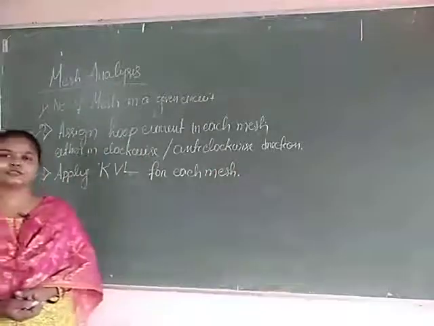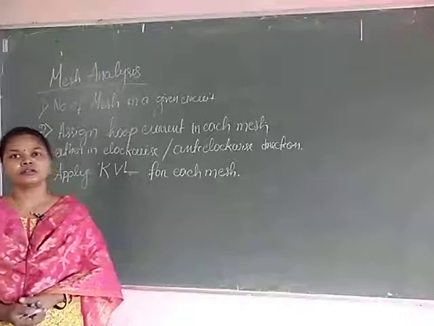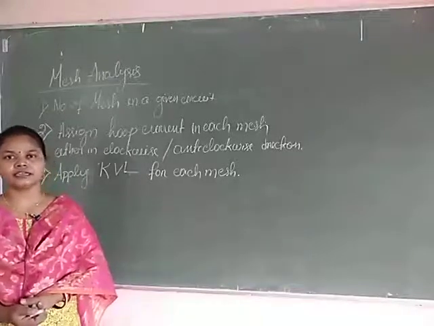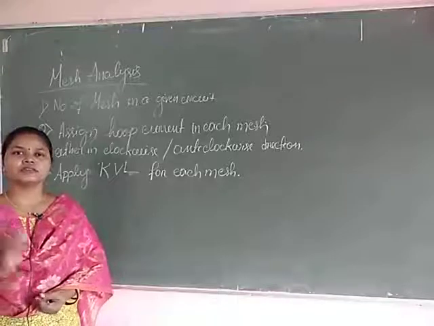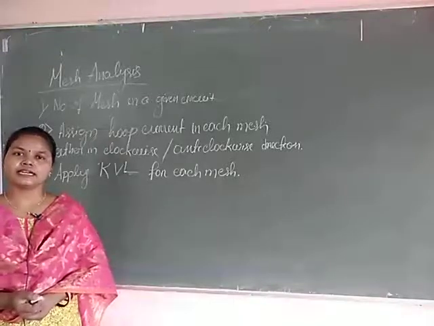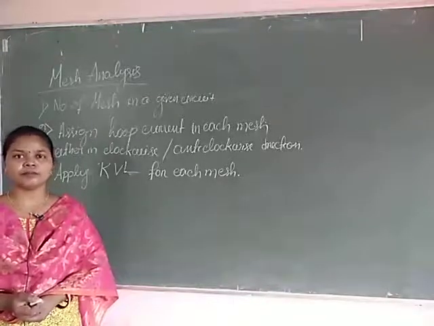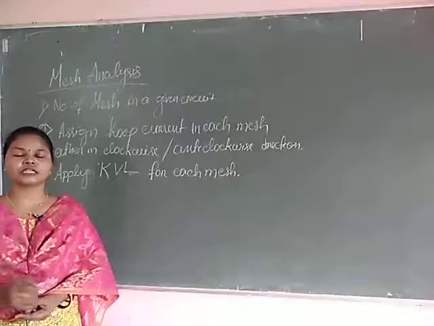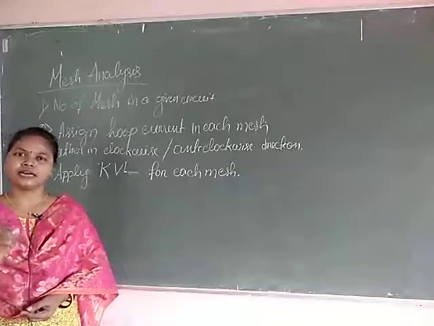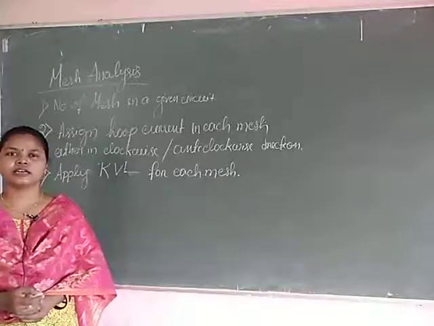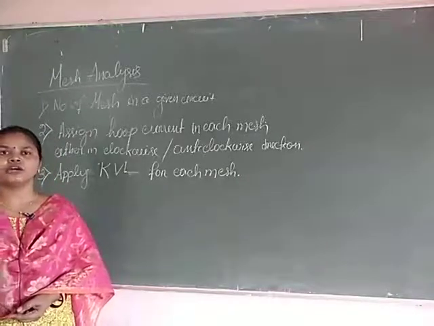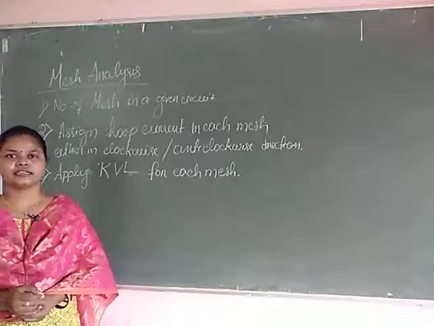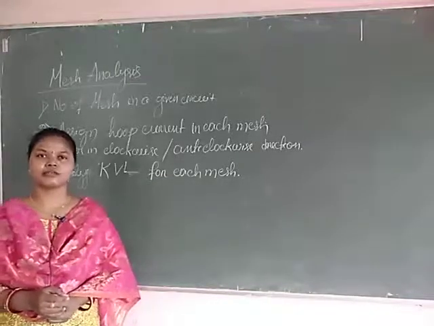After writing Kirchhoff's voltage law, you have to find the circuit element. Suppose a circuit consists of n number of mesh. Then when you write the KVL equation, you get n number of KVL equations for the n number of meshes consisted by the circuit. So let us consider one simple example.